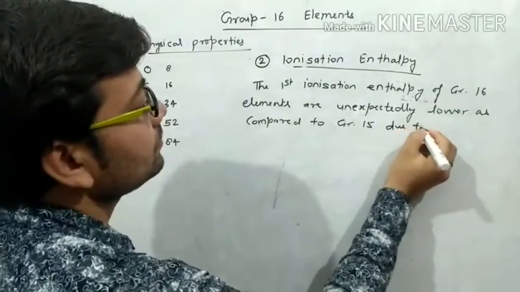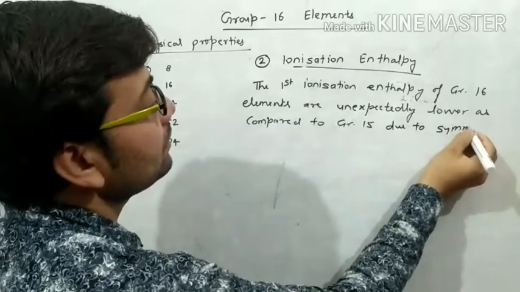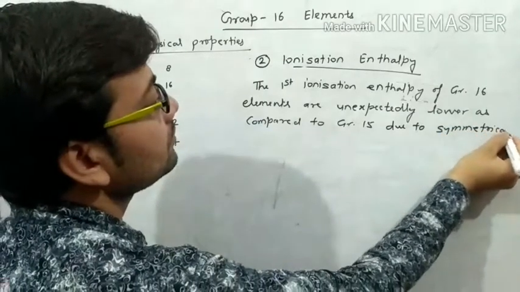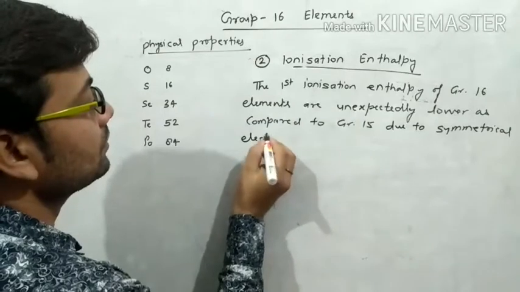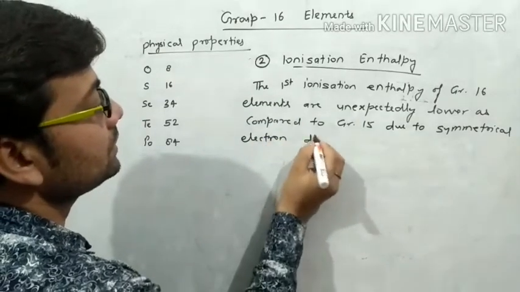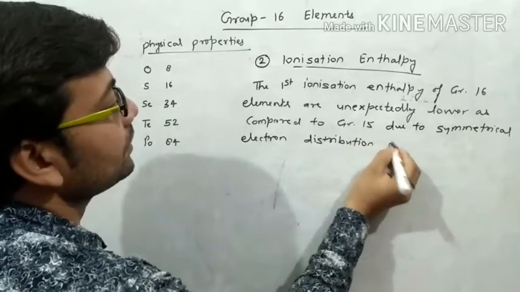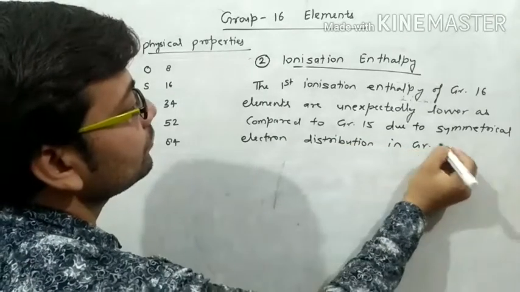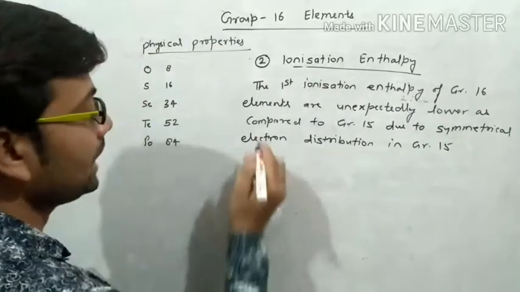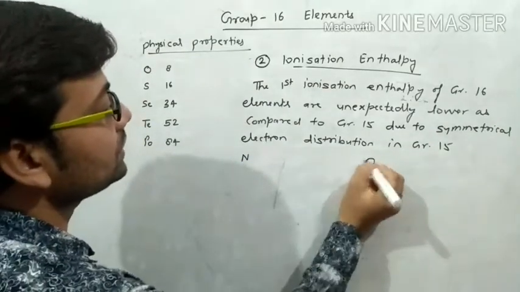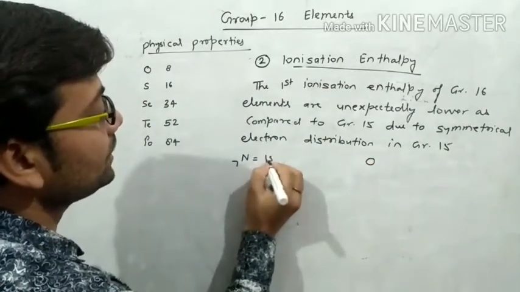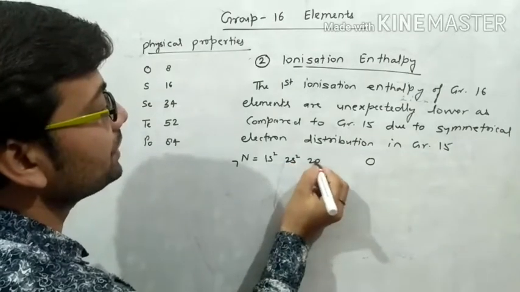Due to symmetrical electron distribution in group 15, as in the case of nitrogen, it is 1s2, 2s2, 2p3.